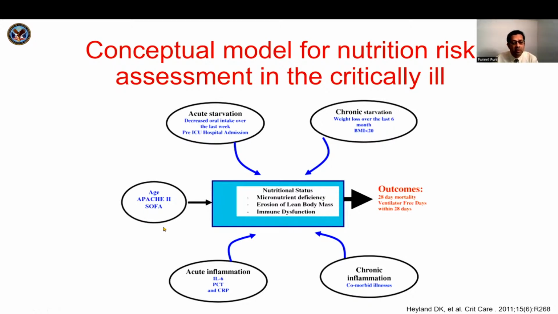That's an important determinant contributing to nutritional status and risk. Together, there is acute as well as chronic inflammation. All these intersections affect nutritional status, as well as deplete the body's immune function and lean body mass, affecting significant clinical outcomes, including mortality.